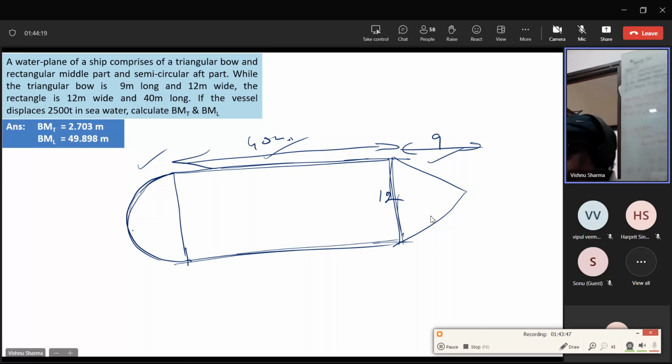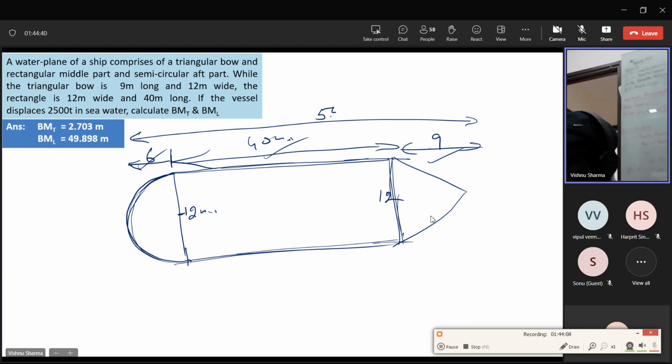He does not give you the radius of the semicircle, but as usual, the diameter of the semicircle will be 12 meters and the radius will be 6 meters. So the total length of the vessel will be 9 plus 40 plus 6, sorry, 55 meters.